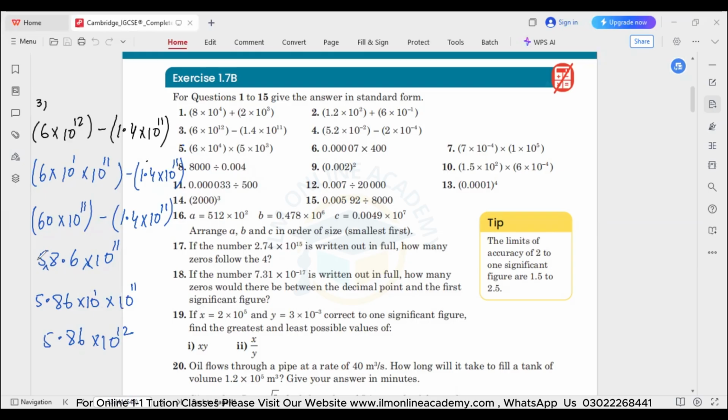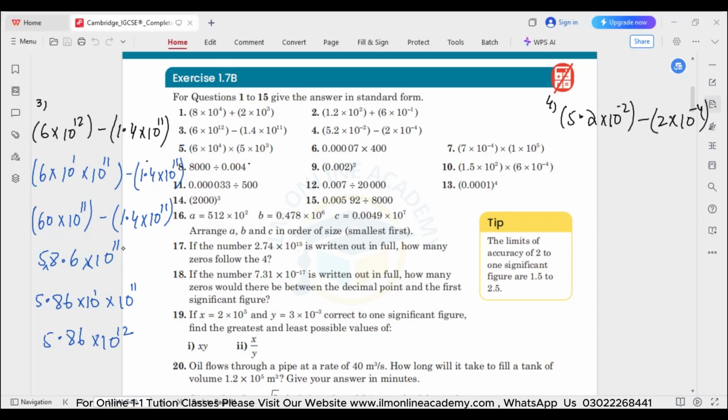Okay, so if you want, you can directly split a number like this. We have 12, so I made it 1 and 11, so no need to multiply or divide. If you want to apply a number or write a number yourself, then you will go with multiplication as well as division. Okay, so next, the fourth one, we have 5.2 times 10 raised to the power negative 2. And from this, we need to subtract 2 times 10 raised to the power negative 4.